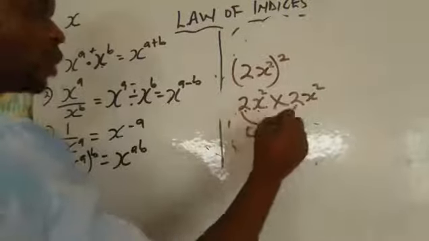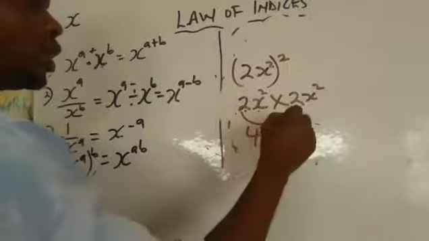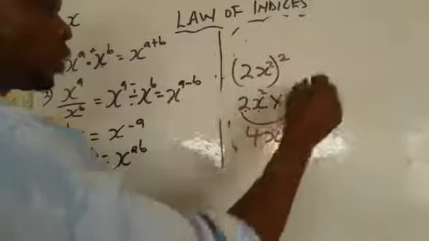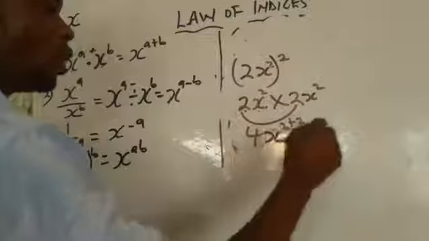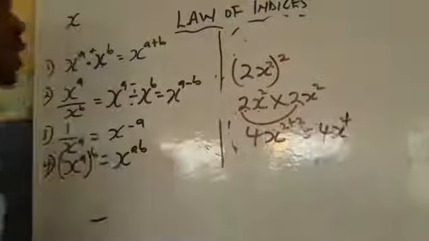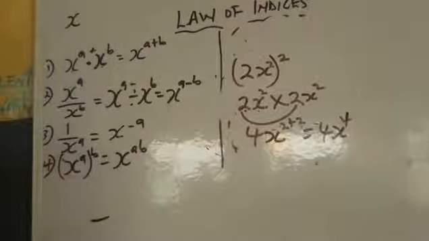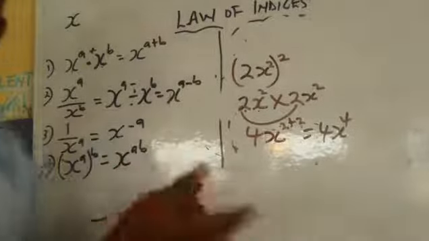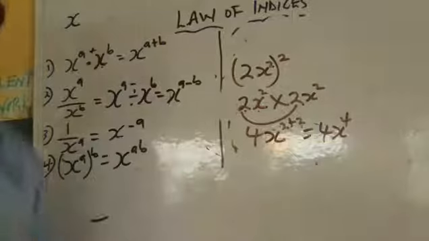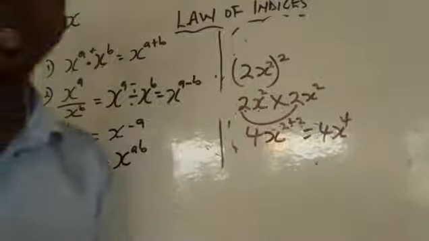X will pick 1 plus 1, that will be x squared. So it's 4x squared. It's just very simple. That's how to solve it. Please, this is how to use indices. There are some laws, but I think these are more important for you at this stage. Thank you.